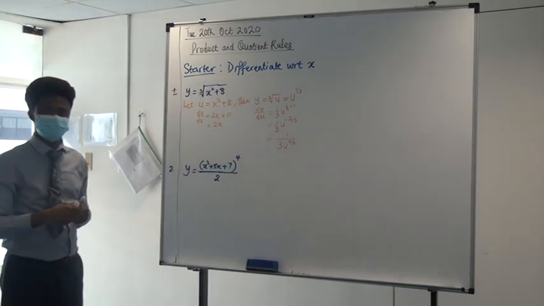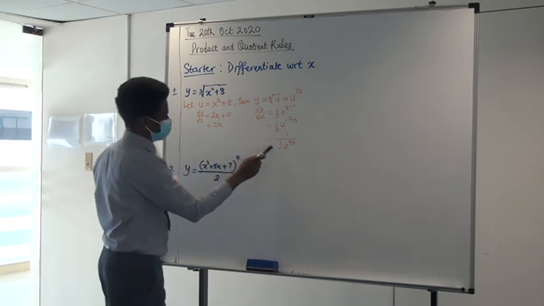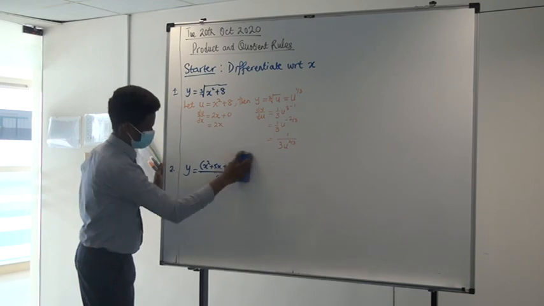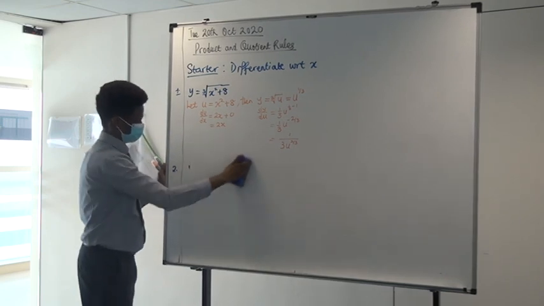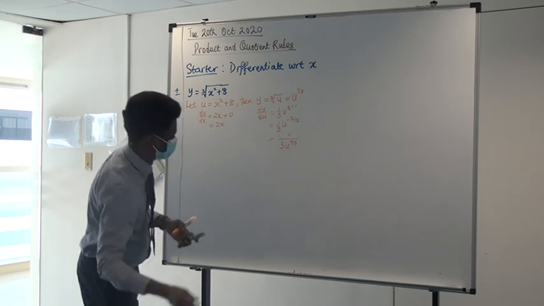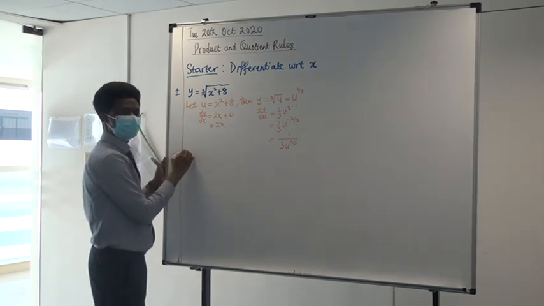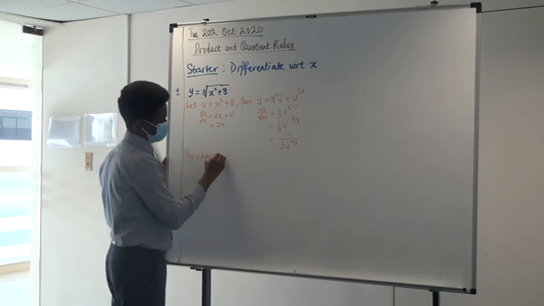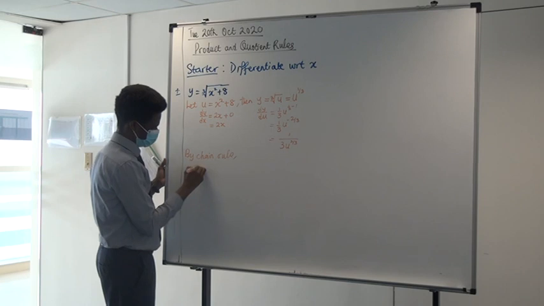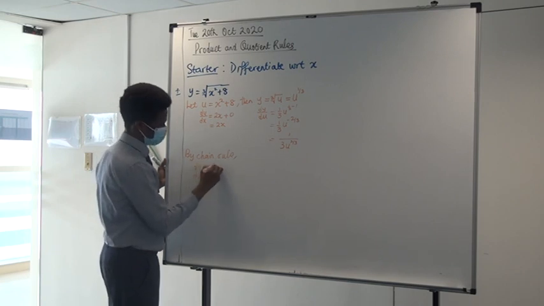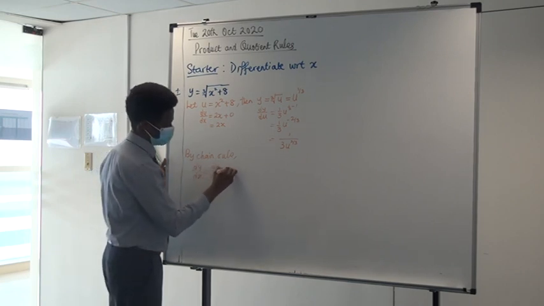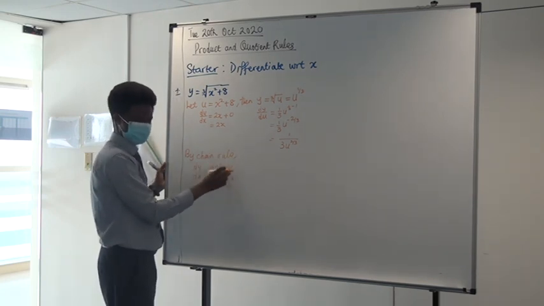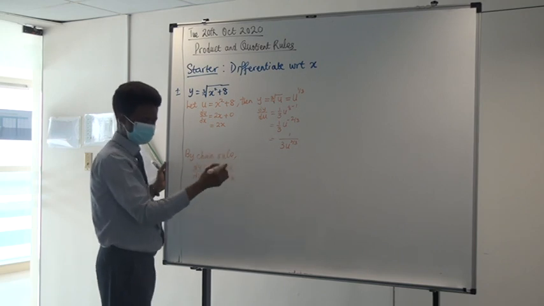Does this make sense? After you have found these two in the proper form, I hope you remember this problem. I'm going to erase this. I need space. Then say, by chain rule. You don't have to write by chain rule. By chain rule, dy/dx is actually going to be dy/du times du/dx. So that this looks like a fraction, although it's not a fraction, it's not like you can separate them. Just a way of remembering.